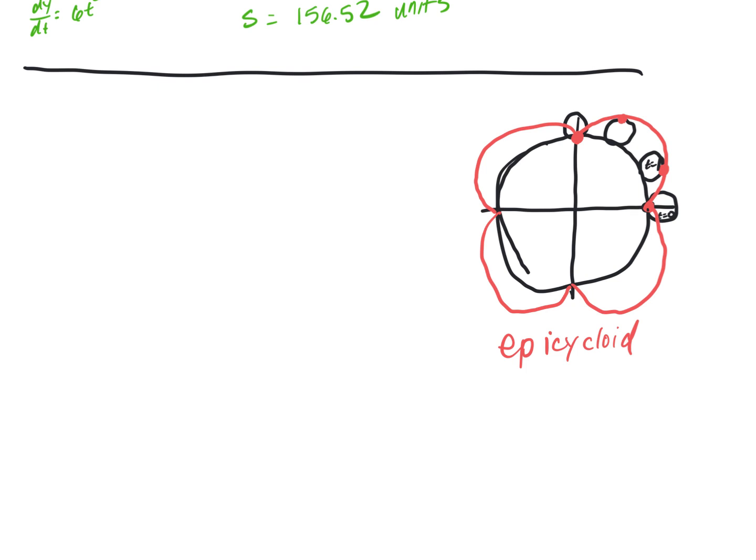The parametric equation for this graph is x equals 5 cosine t minus cosine of 5t, and y equals 5 sine t minus sine of 5t.